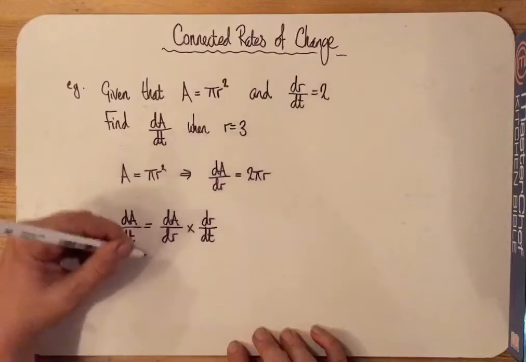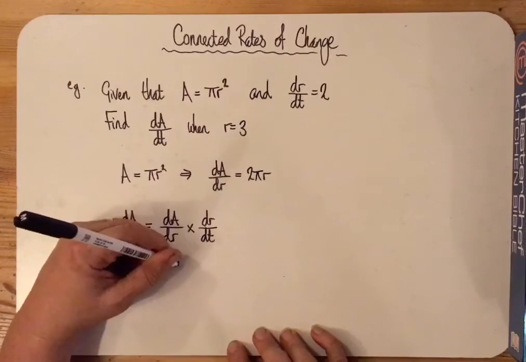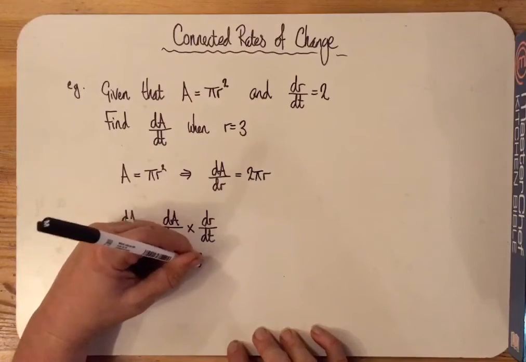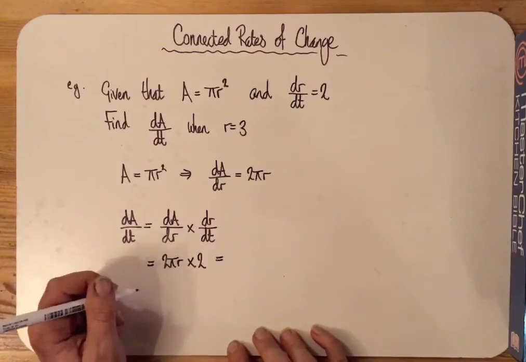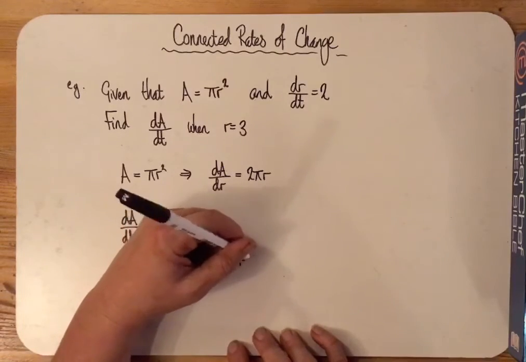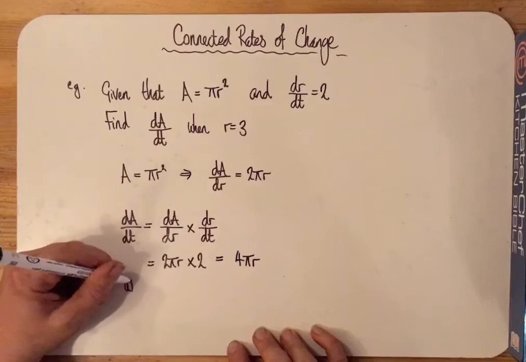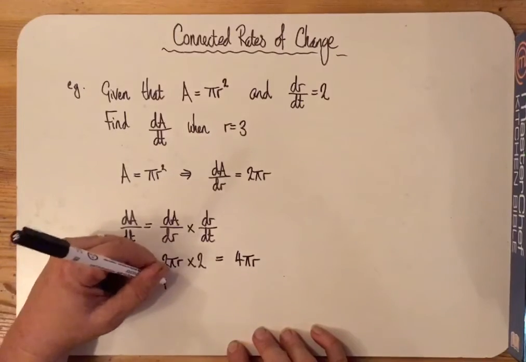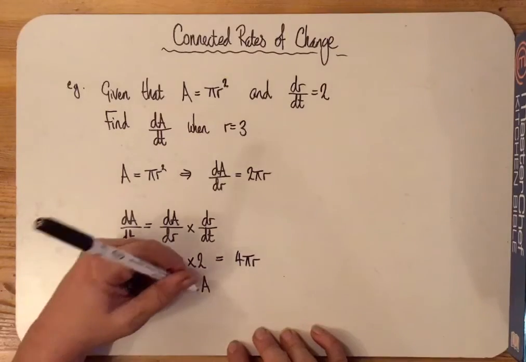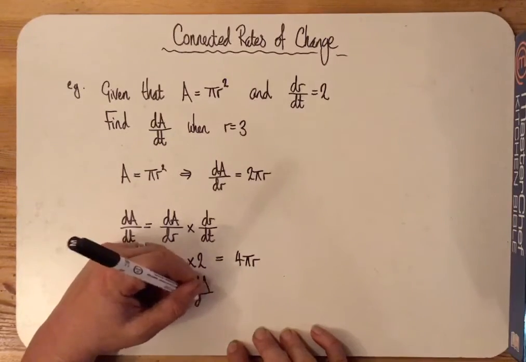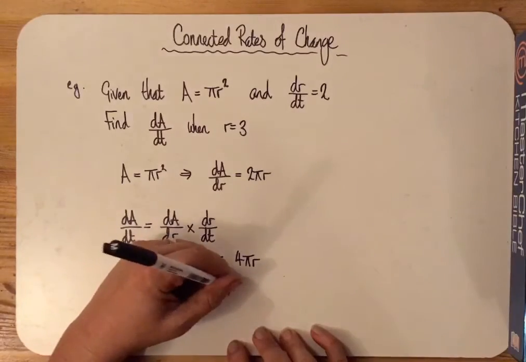So dA/dt is equal to 2 pi r times 2, which is equal to 4 pi r. And so when r is equal to 3, dA/dt even, is equal to 4 pi times 3, which is 12 pi.